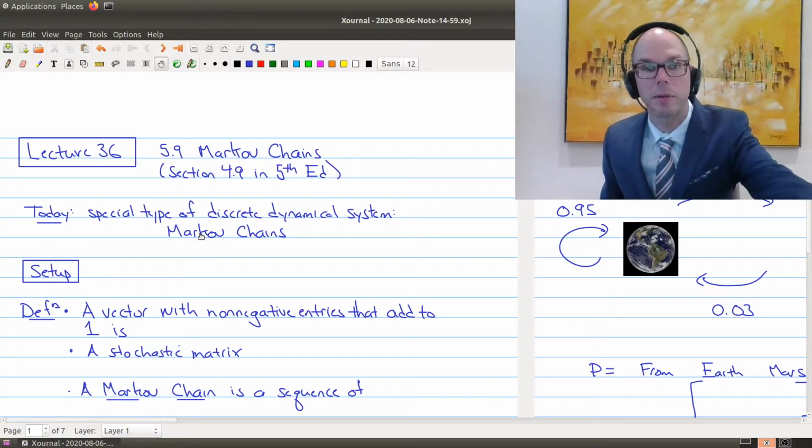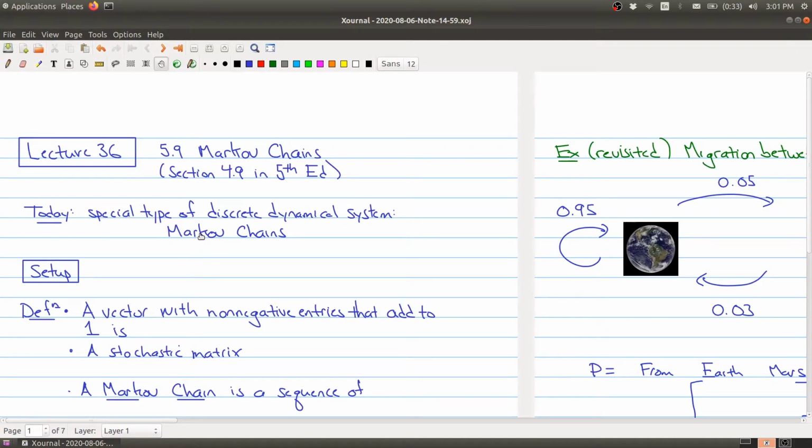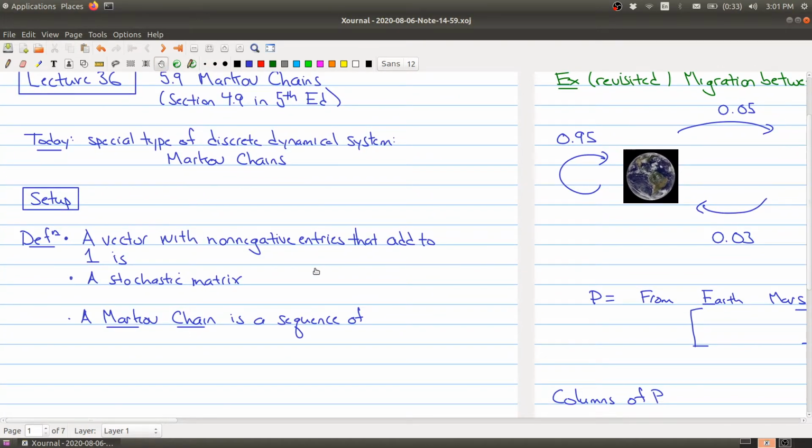Let's start with our setup here. What's different from last time is we're looking at a vector with non-negative entries that add to 1. We want to give a name to that, and that is called a probability vector. So that's the first thing that we're defining.